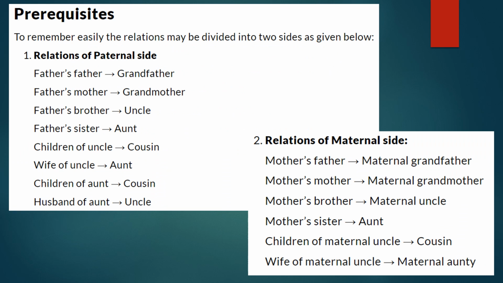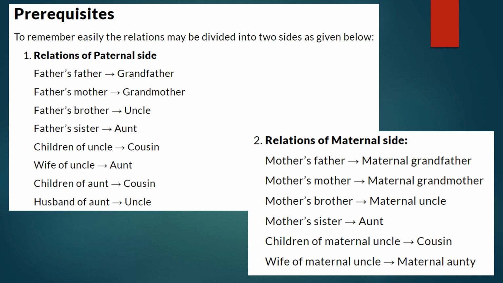The prerequisites for solving this kind of reasoning question: first, father's father is the grandfather. Mother's father is the maternal grandfather. These are the two different types we have, paternal and maternal. Father's side is called paternal and mother's side is called maternal.